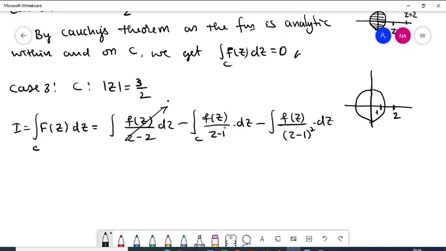And the first will be 0 because z equal to 2 lies outside C.